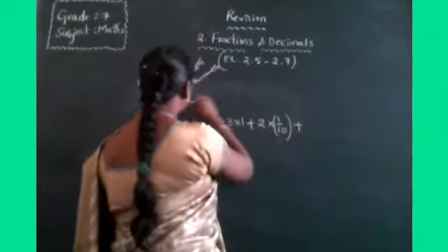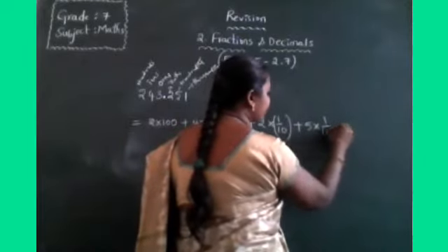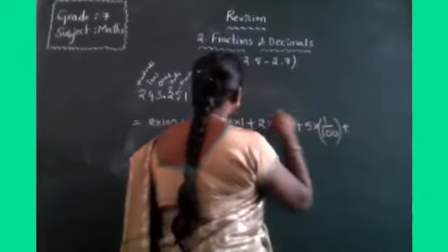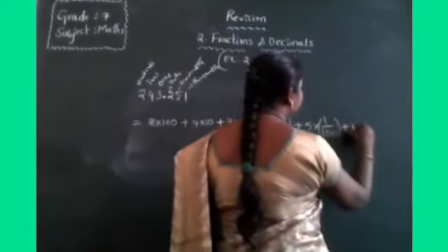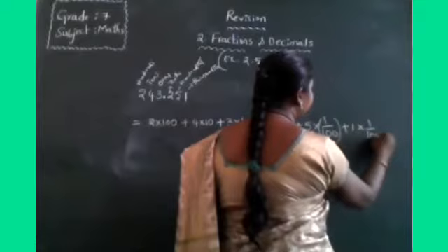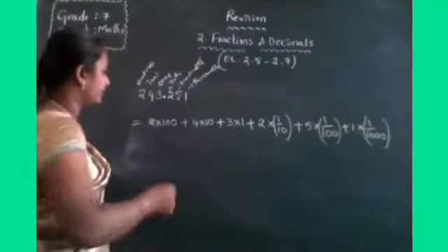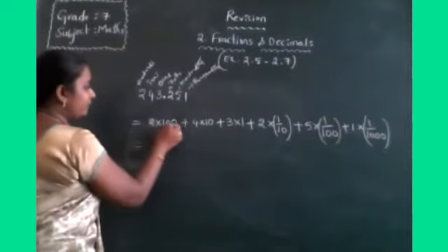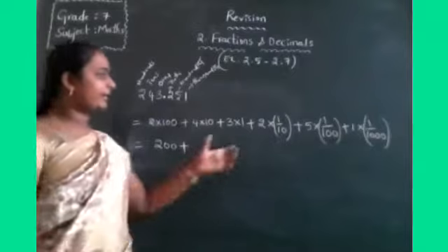Next, the place value of 5, 5 into 1/100. The place value of 1 is thousandths, so 1 into 1/1000. Now simplify: 2 into 100 is 200. Okay, this is the expanded form.